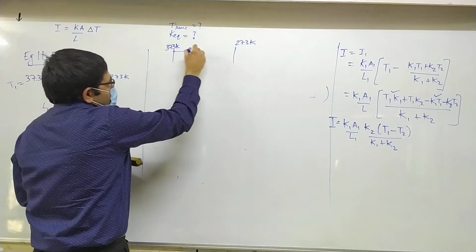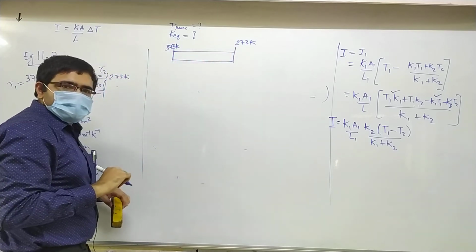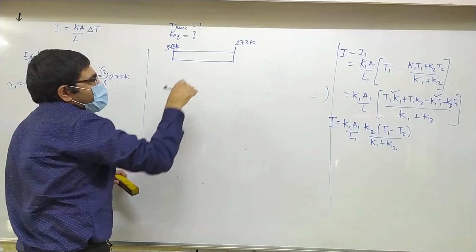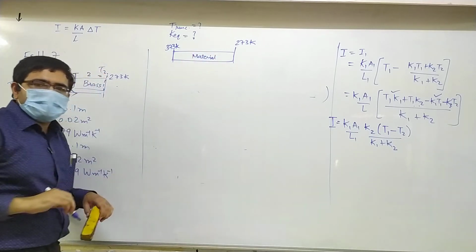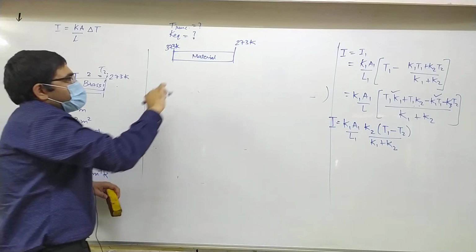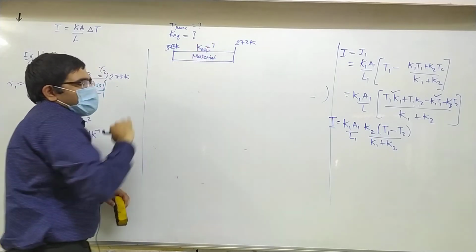So instead of the 2 separate bars, if we put just 1 bar of some material, we don't know what material that is, no problem, but whatever this is, we have to find its K. Then this K is called K equivalent.